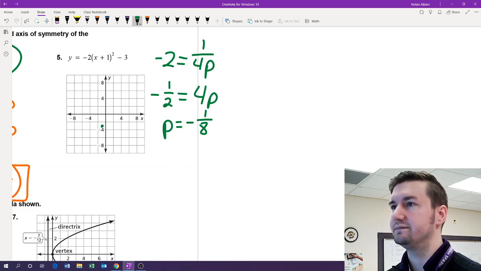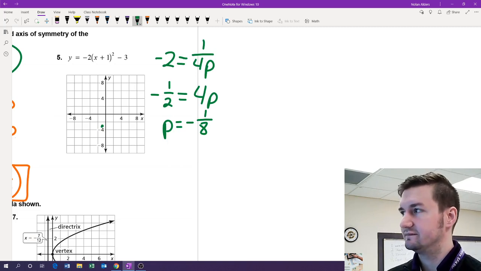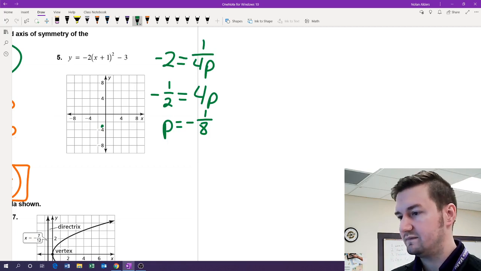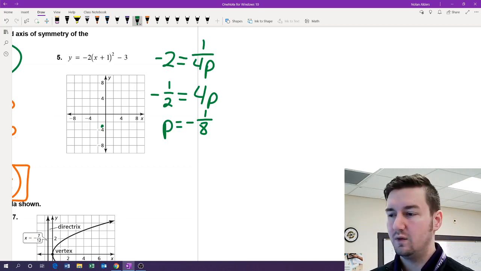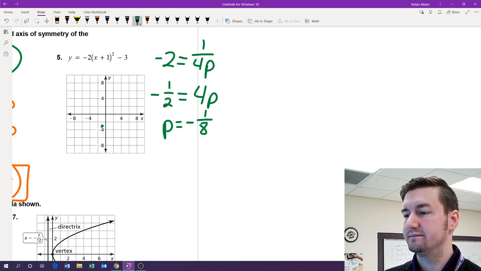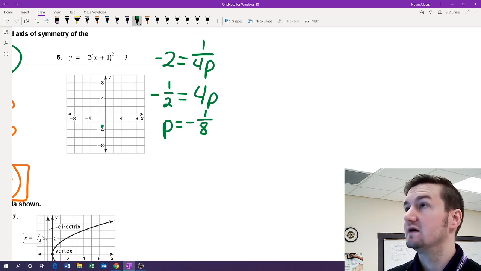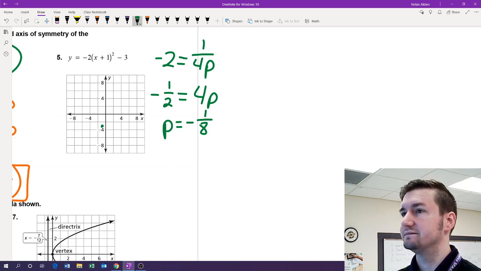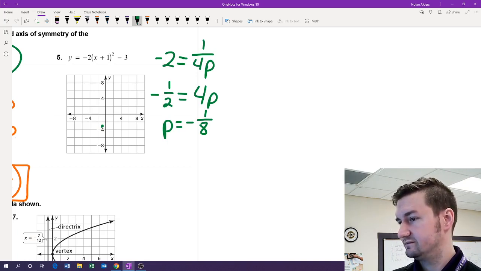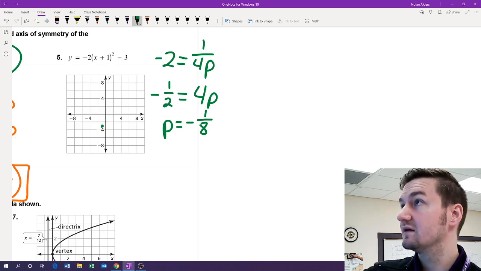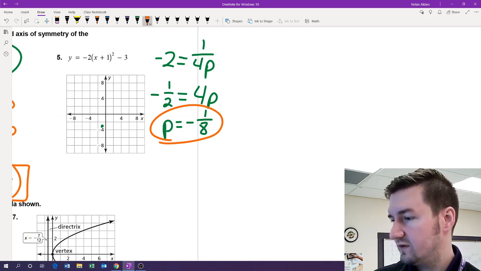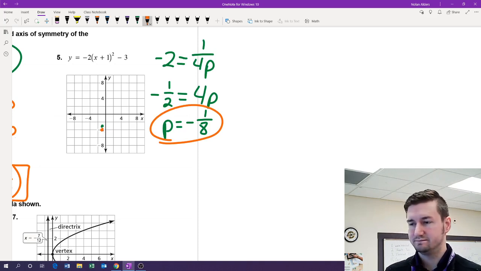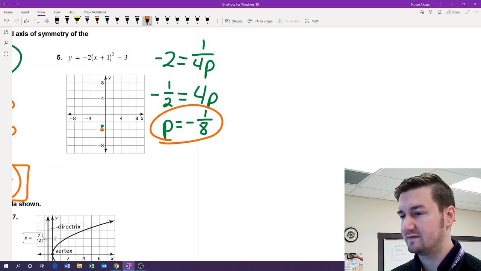Make sure I'm getting this right. Yeah, that means that our focus is going to be -1/8 away from the vertex. Well, let's see if I can draw it in here. This focus here is going to be -1/8 away from the vertex. So it'll be down 1/8 from that vertex.